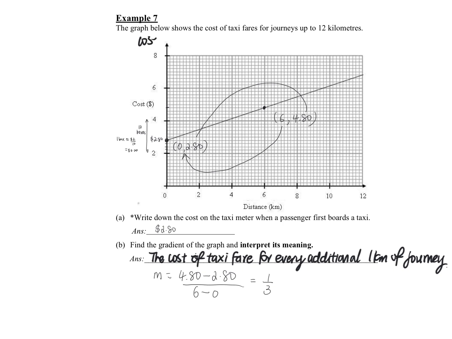This is cost, this is kilometer, right? So you write the cost of the taxi fare for every extra 1 kilometer. In other words, this means 33 cents. So every 1 kilometer the taxi drives, they charge you 33 cents for it. This is the meaning of gradient. You must know how to explain yourself.